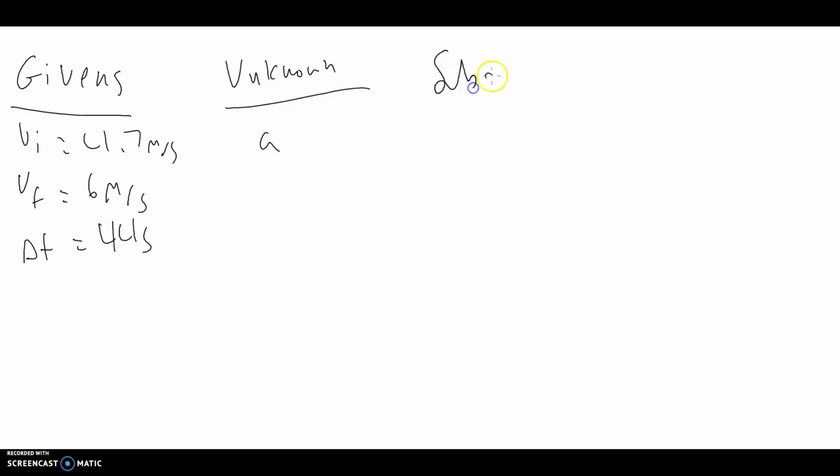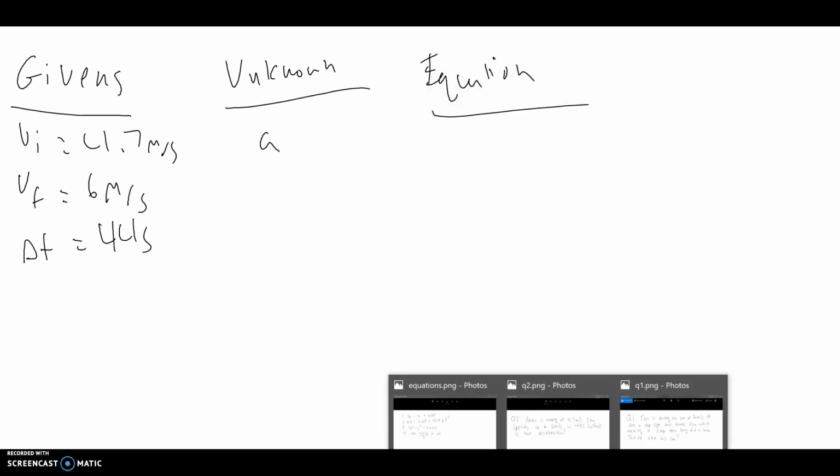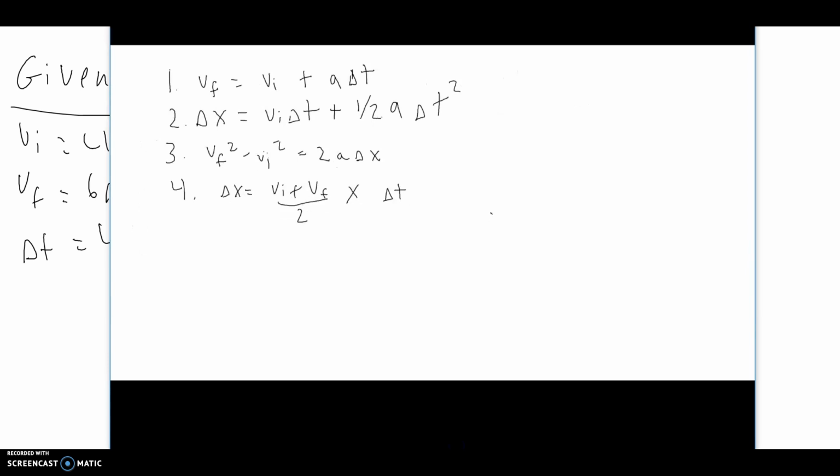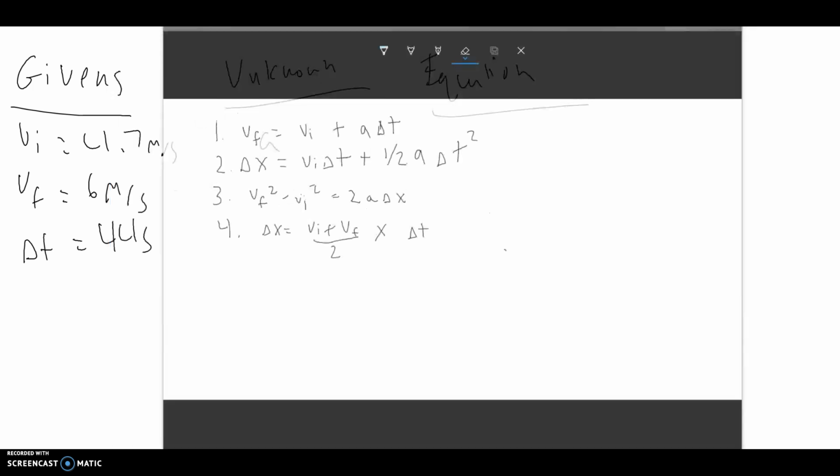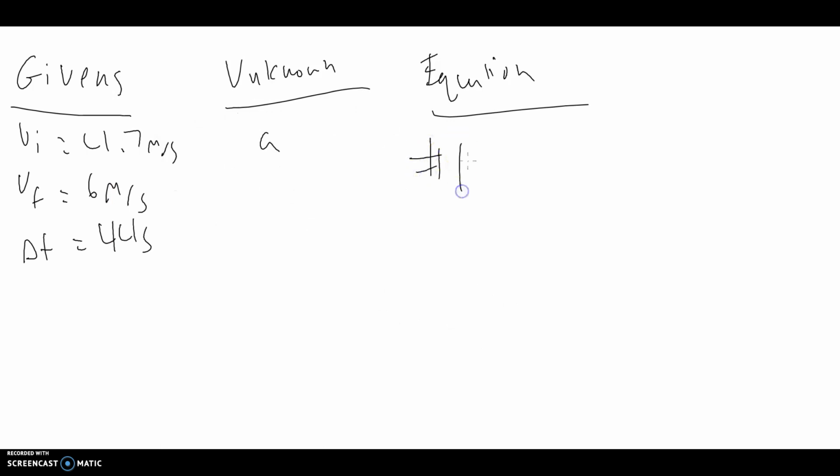So before we substitute, we've got to find the equation first. So what equation do we have to use? If we look for the right equation, we are looking for equation number 1, which has all 4 variables that we are looking for. So number 1, and let's substitute all this in.